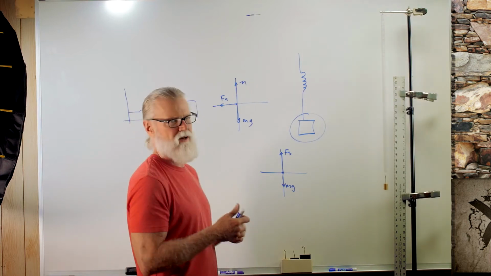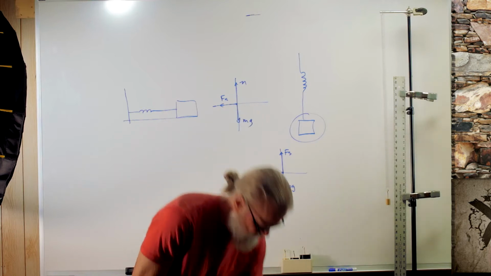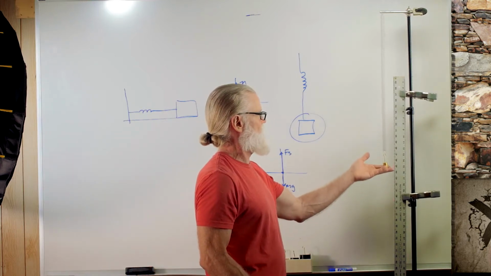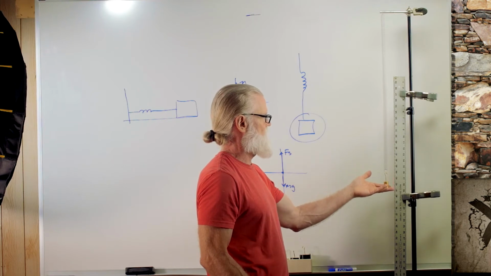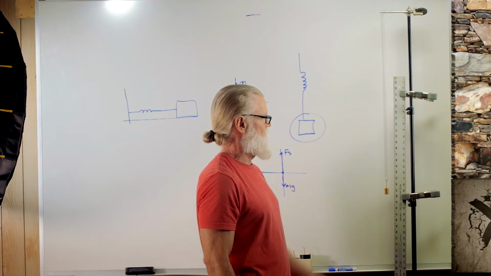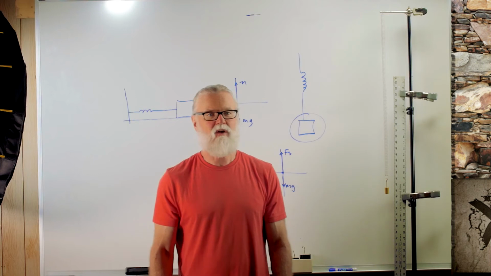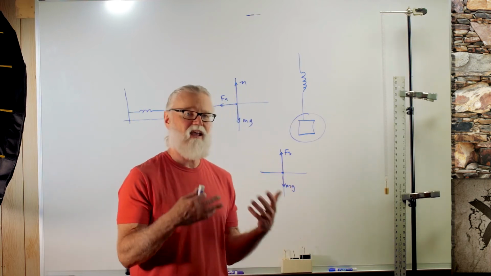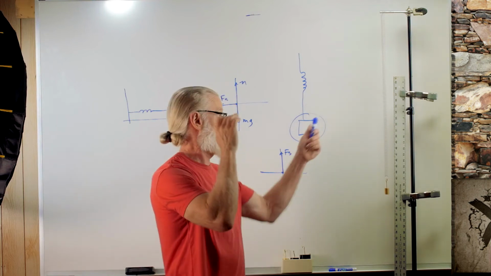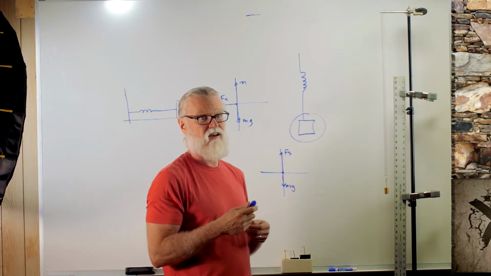But it turns out, from an analysis standpoint, all we need to think about as far as gravity is that gravity just establishes our equilibrium position. So when we have this here, that is our new equilibrium position. Then it behaves as if there is only one force on it, the spring force, F equals k delta y.